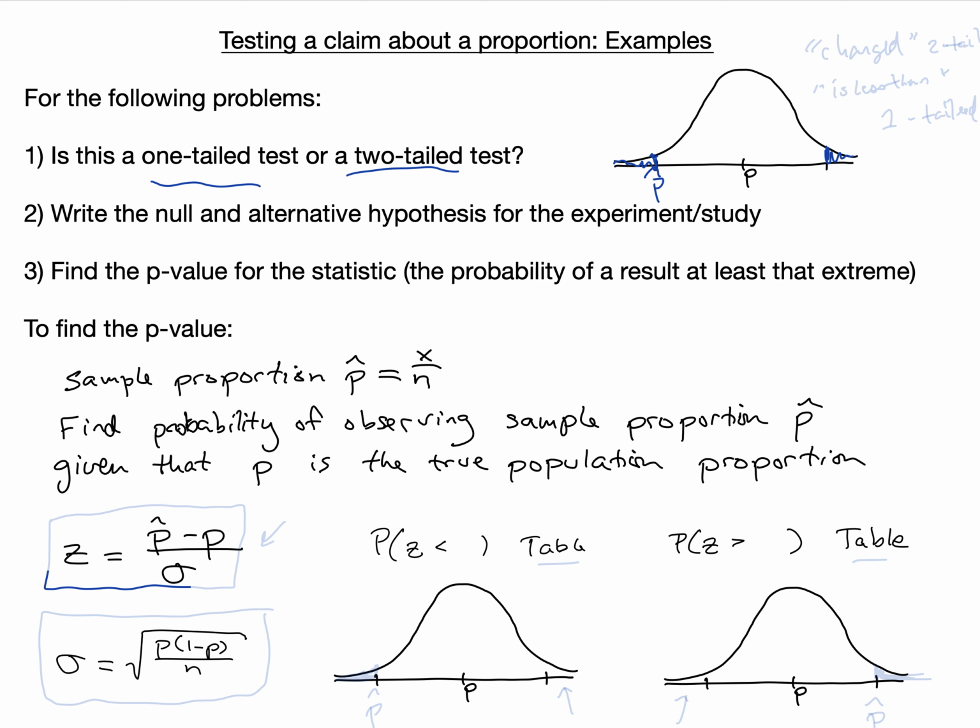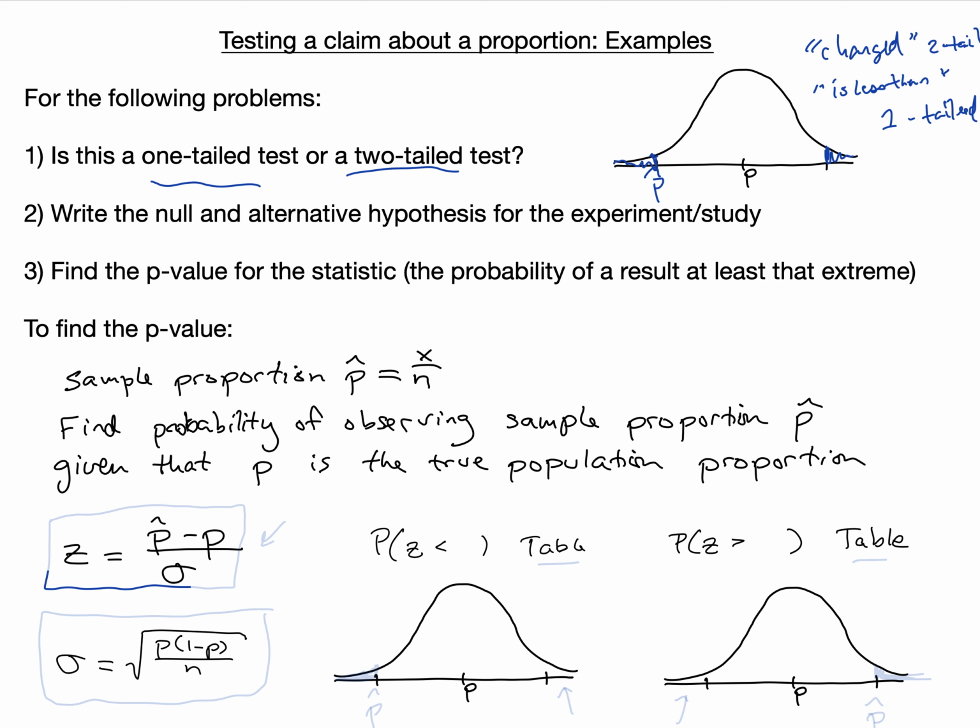If we're testing something like changed, then that's two-tailed, versus if we're testing something like is less than or is more than, then that would be a one-tailed test. So it's going to be based on the language of the experiment.